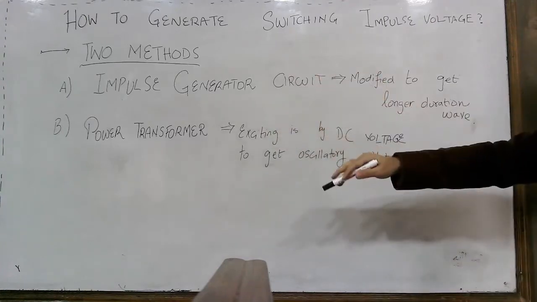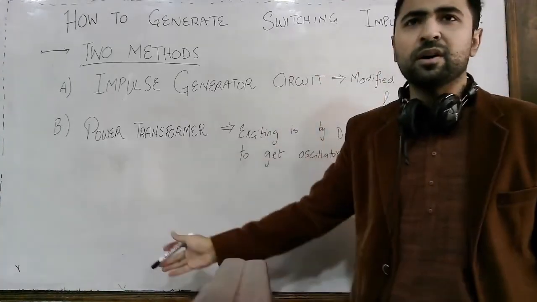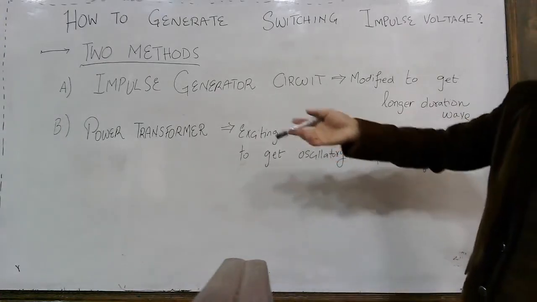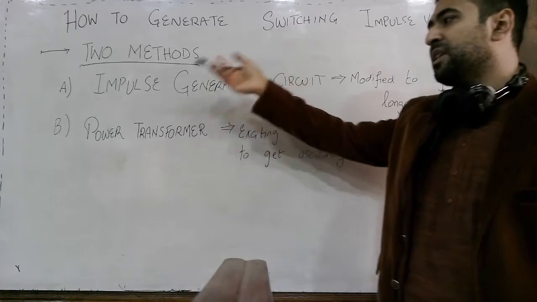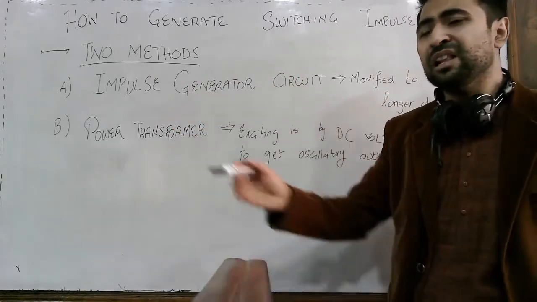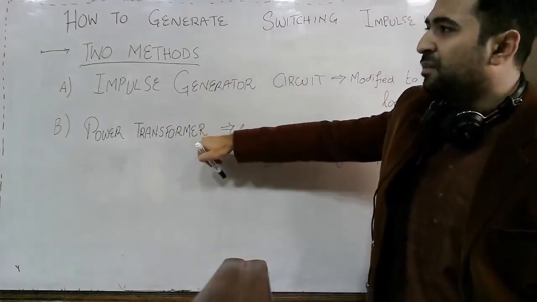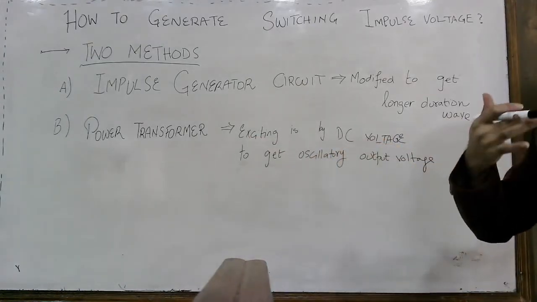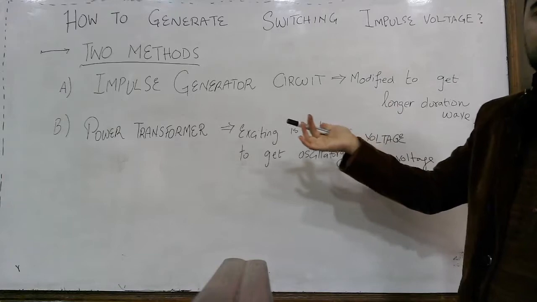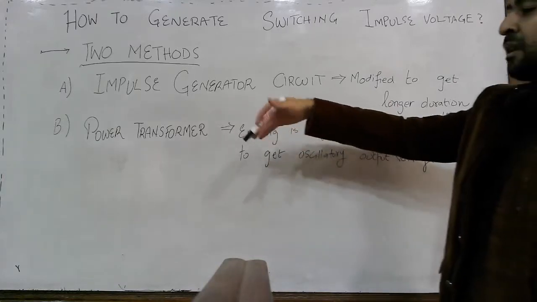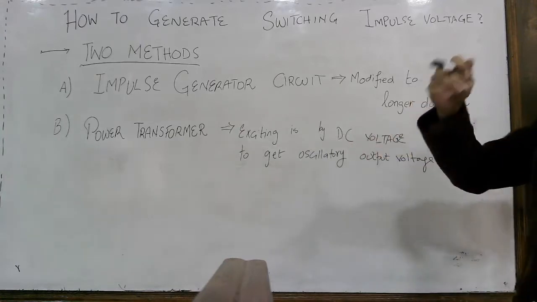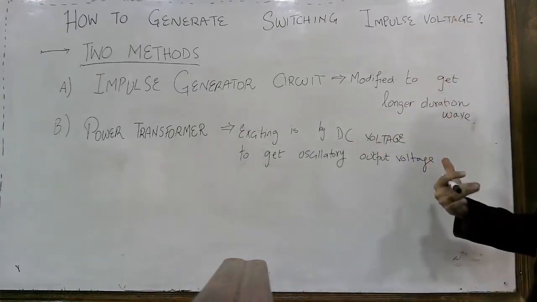Another method is using the power transformer. Now, a power transformer is an AC transformer. How can we generate an impulse voltage using it? We will excite the power transformer by a DC voltage, not continuously. We will just excite it by DC voltage for a moment and then remove that DC voltage.